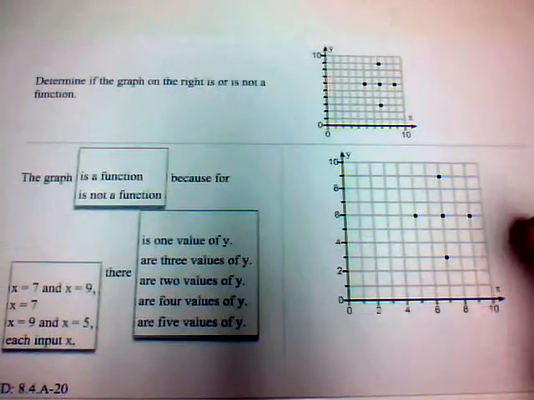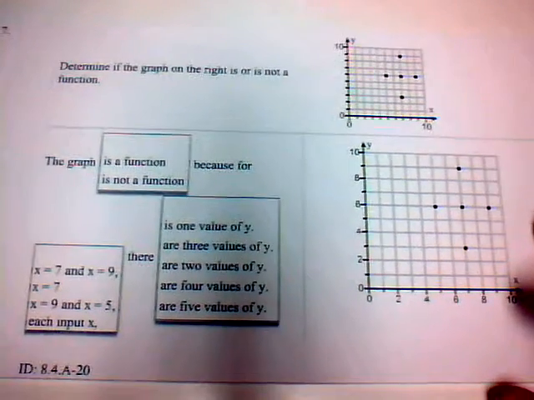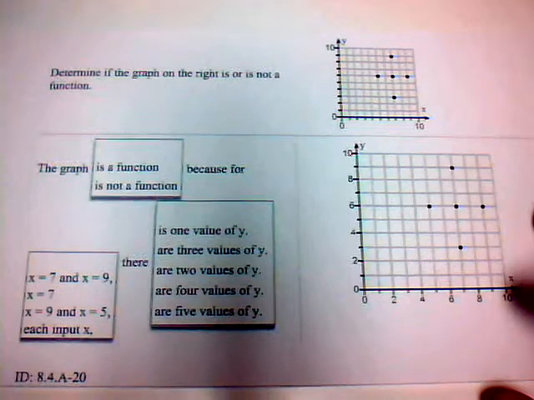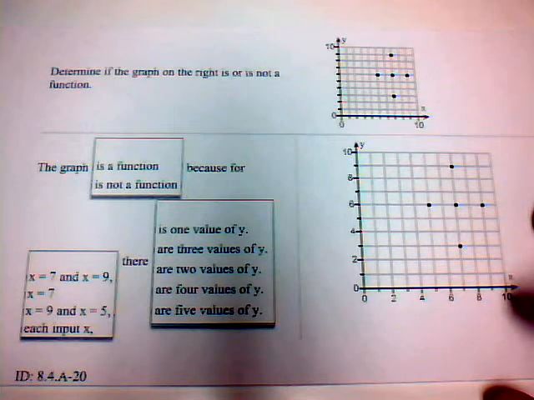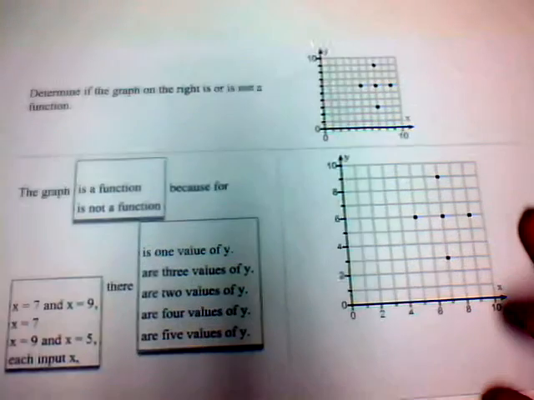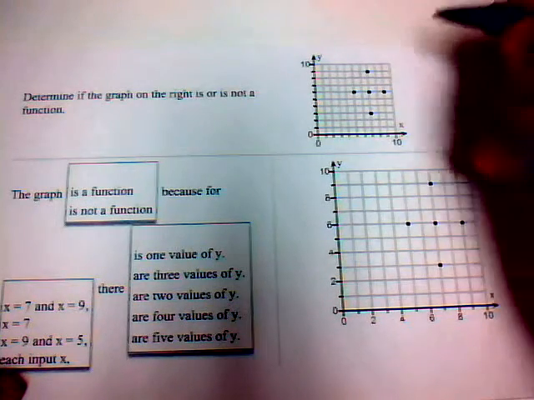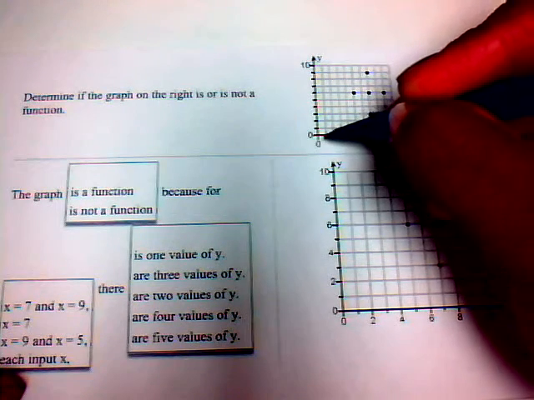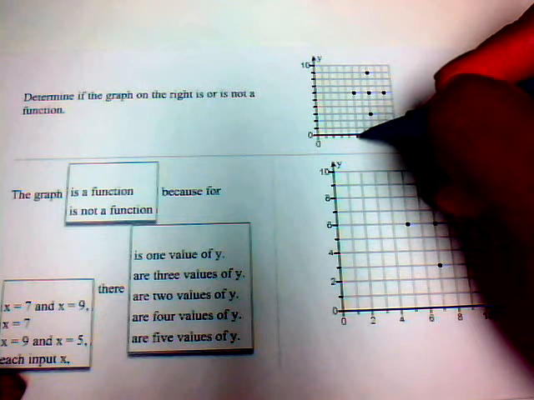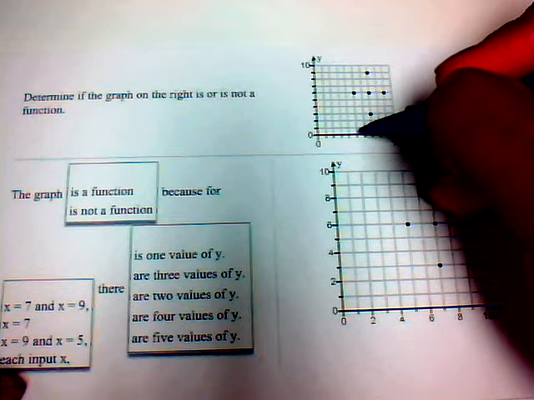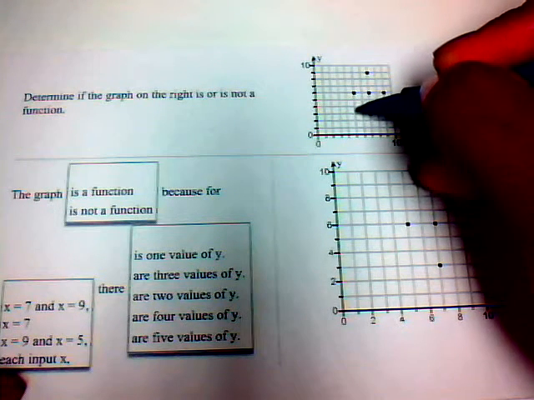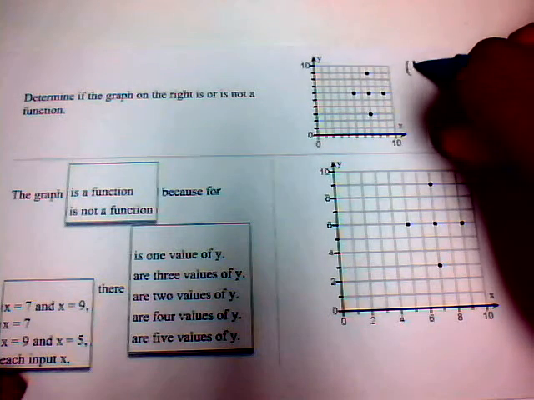And number 7, determine if the graph on the right is or is not a function. Okay, now, if I write down the ordered pairs for these, like in this case here, this is 1, 2, 3, 4, 5, and up 1, 2, 3, 4, 5, 6.